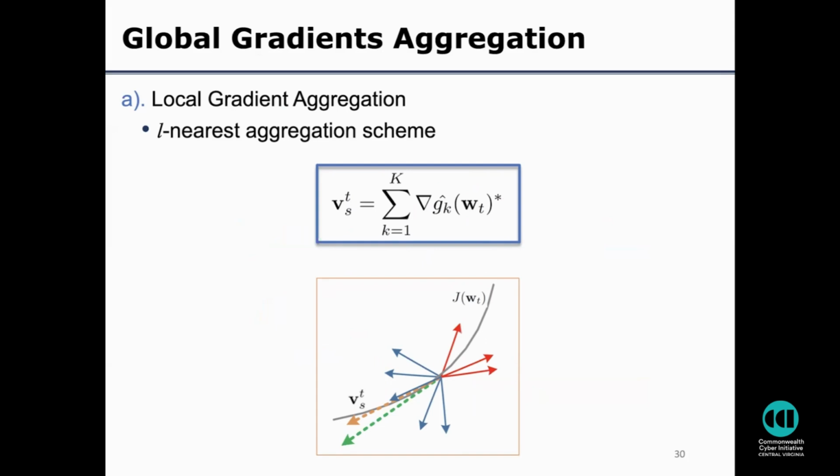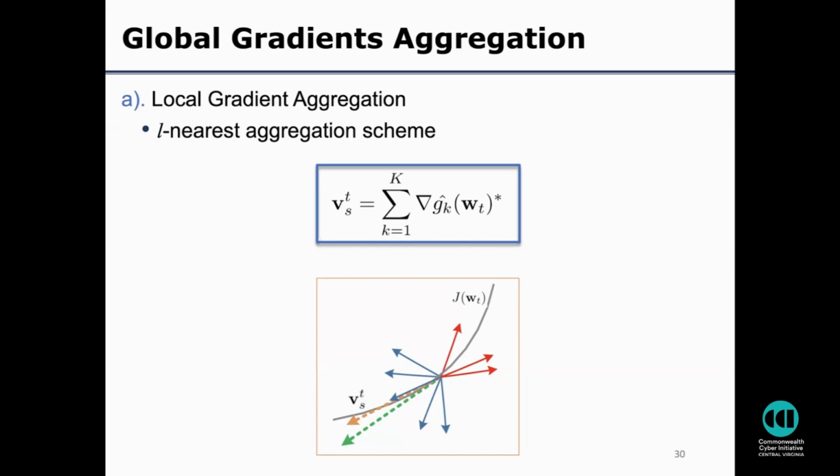As we talked about before, it may suffer from Byzantine attack. Byzantine data holders may broadcast false gradients to the computing nodes, which may affect the accuracy of the global gradient model.